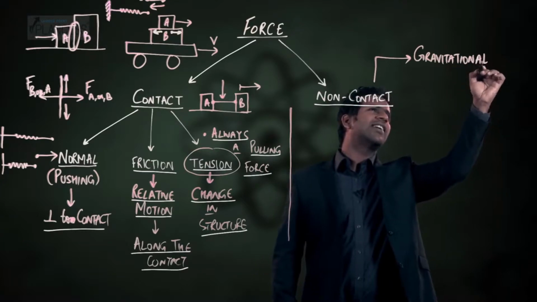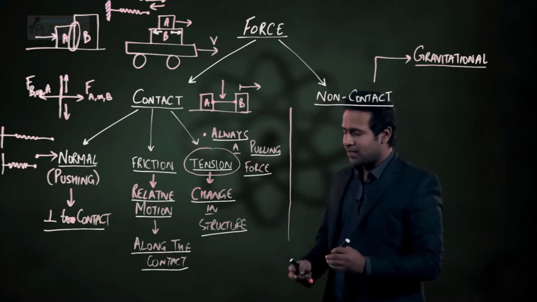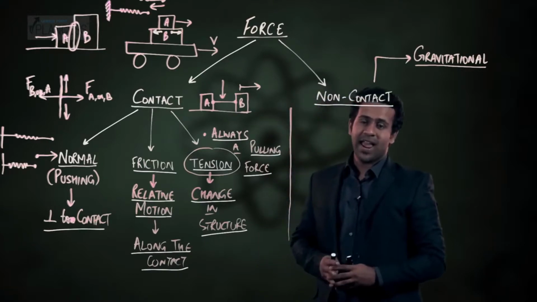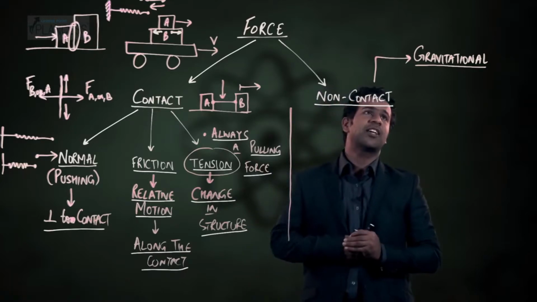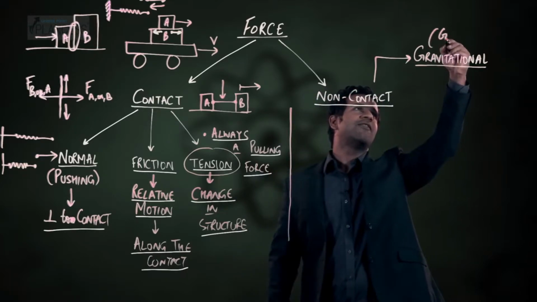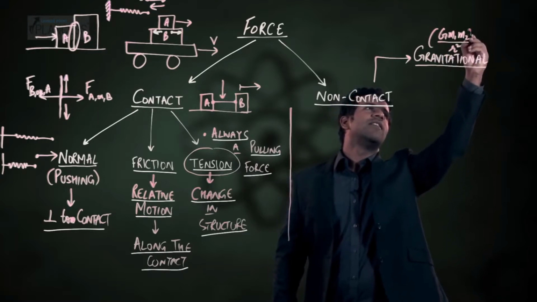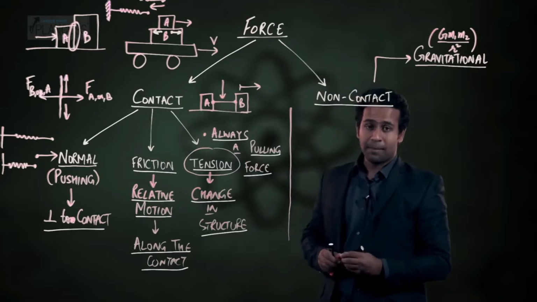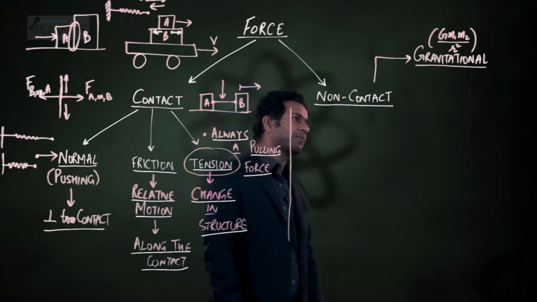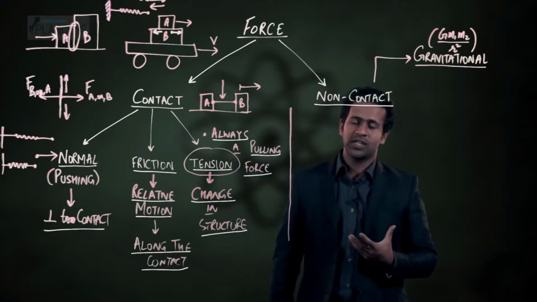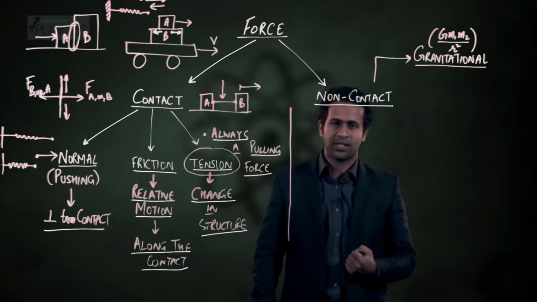Now we have already discussed this in the chapter of gravity, that any mass attracts every other mass with a force which is given by the expression Gm1m2 by r square, where m1 and m2 are the masses of the two bodies and r is the distance between them. So gravitational force is the force that any mass exerts due to its own mass.